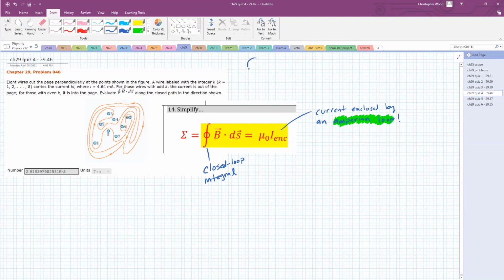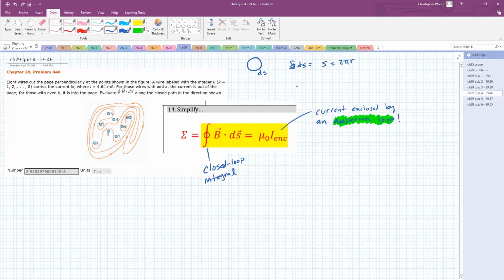For example, if you had a circle and this is ds, the closed loop integral of ds would just be s, which equals 2 pi r. What you don't see in a closed loop integral is anything mentioning boundary conditions.